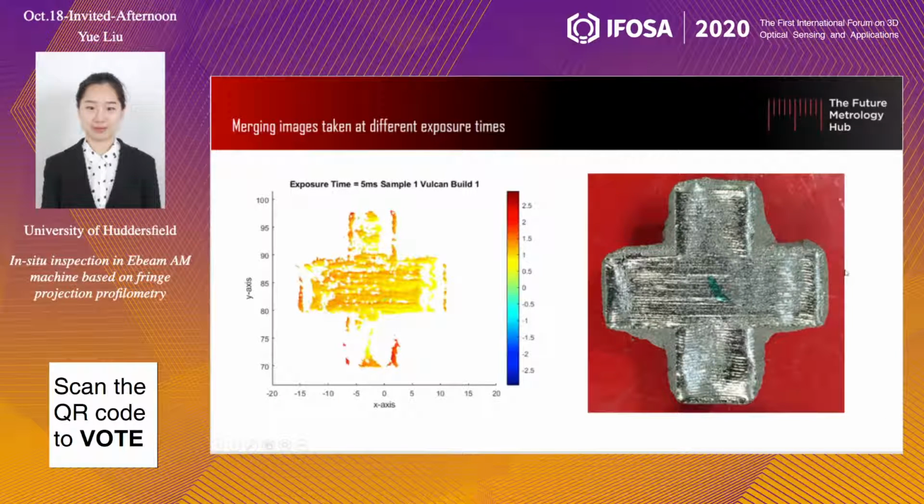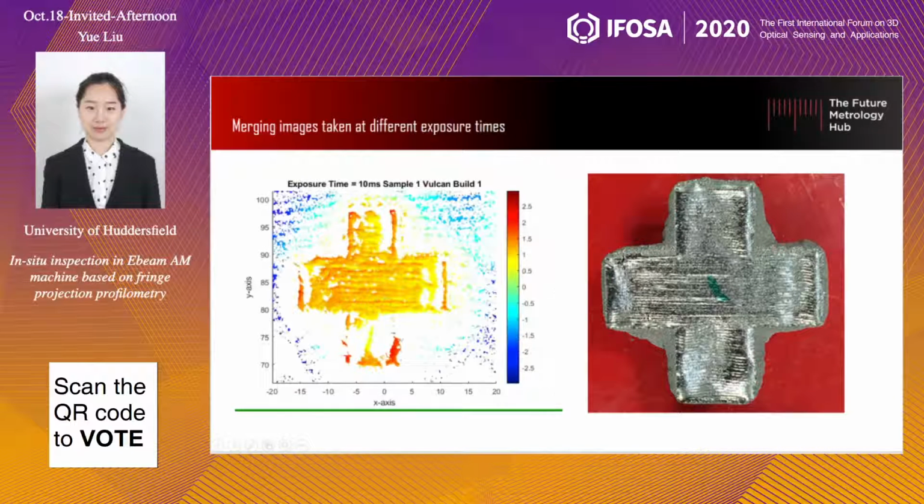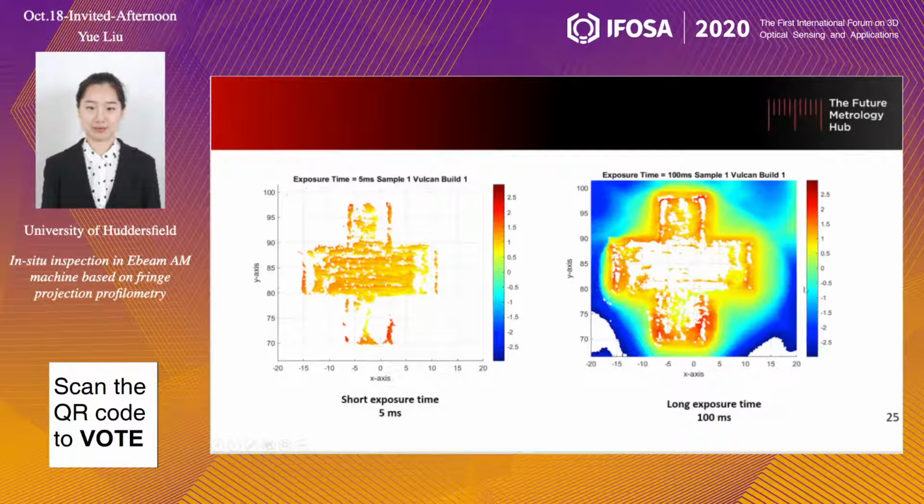For now, we try multi-exposure and merge the images together. From these results, we can see the short exposure time and a longer exposure time, and merging them together, we can get a good result.